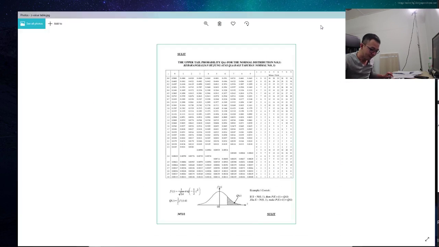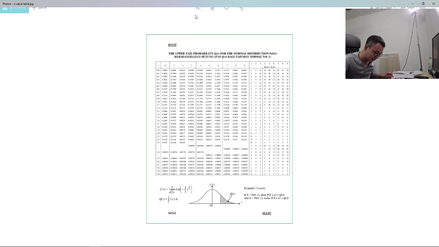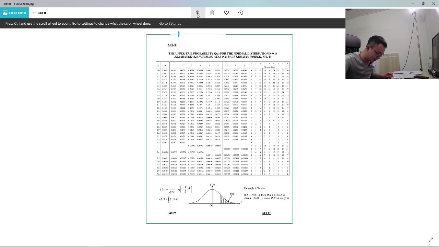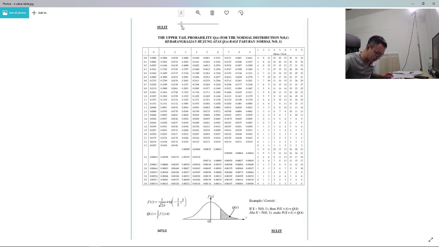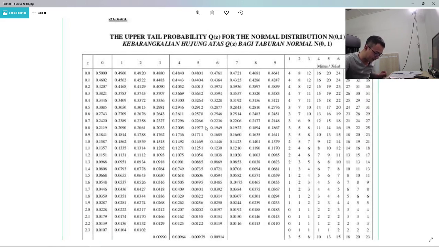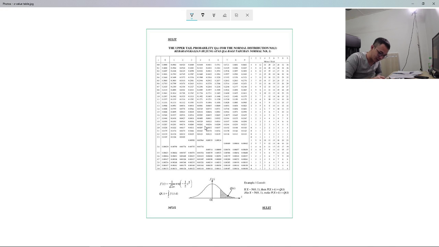Okay. So let me zoom in on this one. How to, oh my god. How to use this one? Okay, nice.